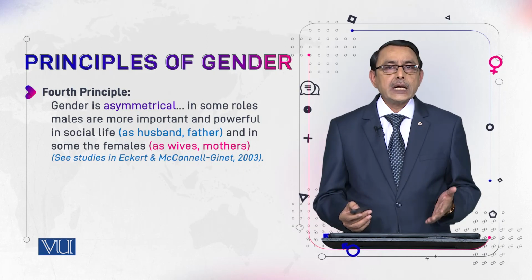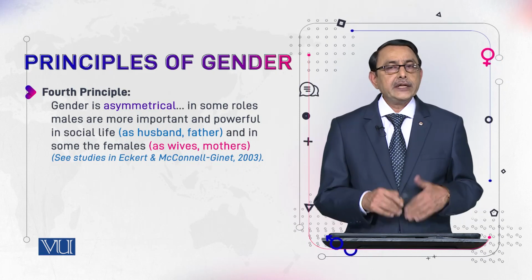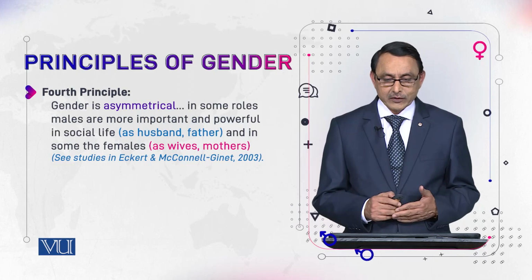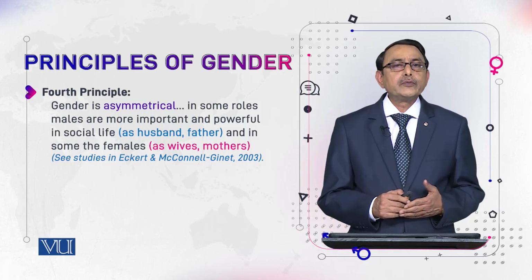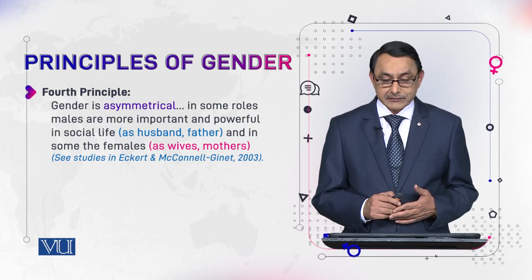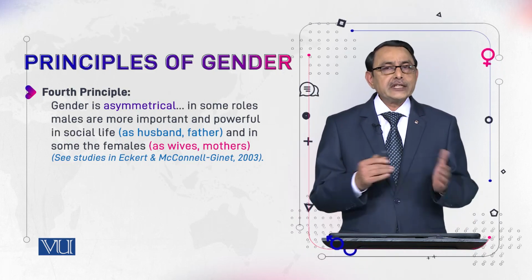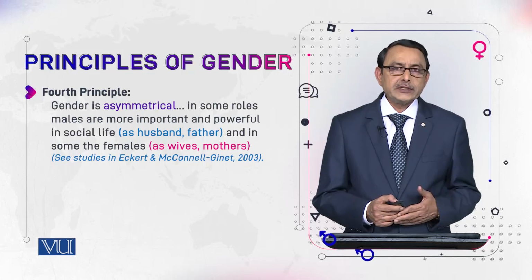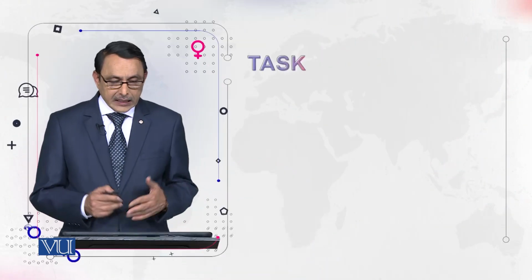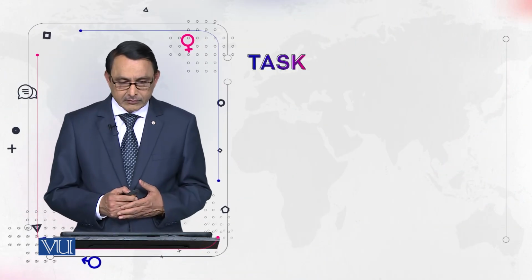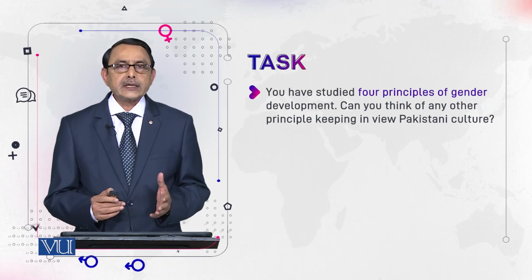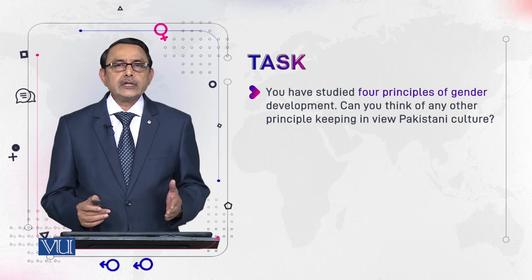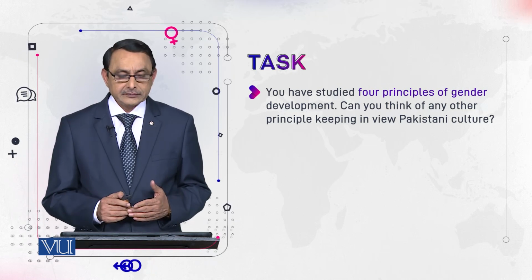In some roles men are more powerful, in others women are more powerful. For example, as husband and father, men are more prominent, more powerful, authoritative, and as wives and mothers, females are superior. Now see, all these four principles working together make up what we call gender.